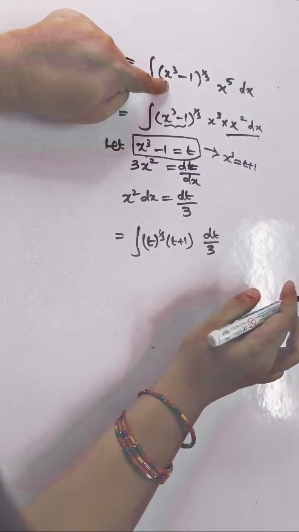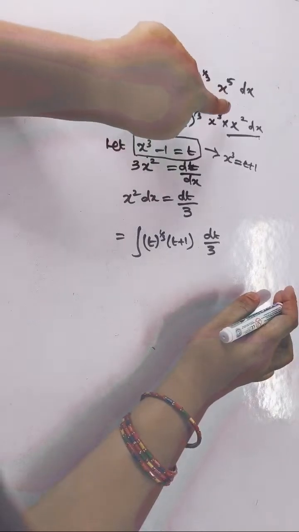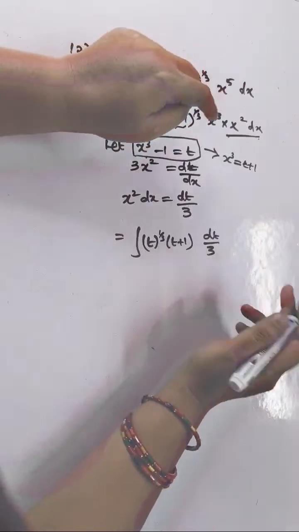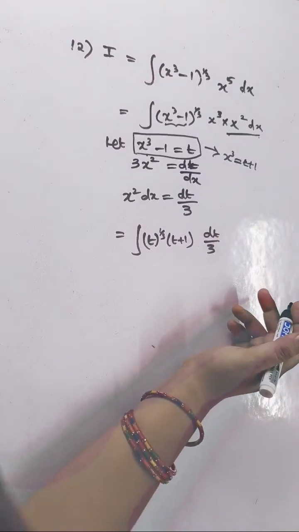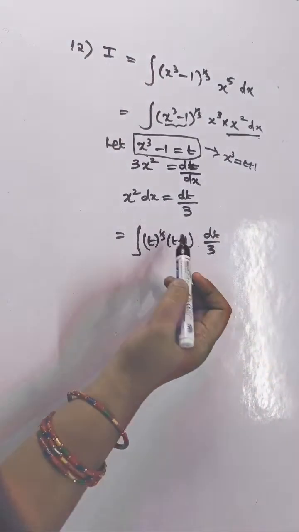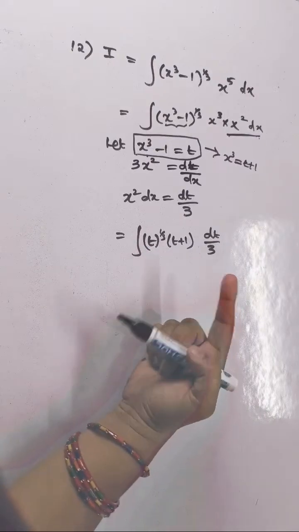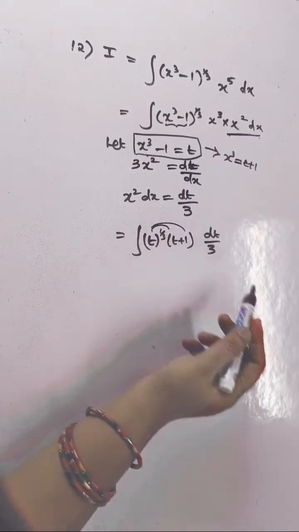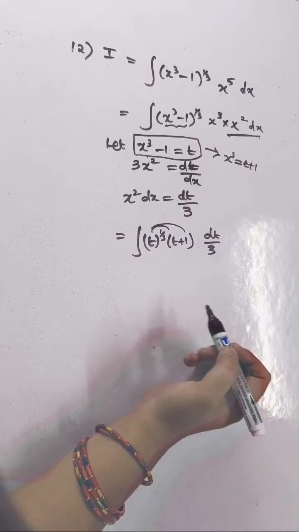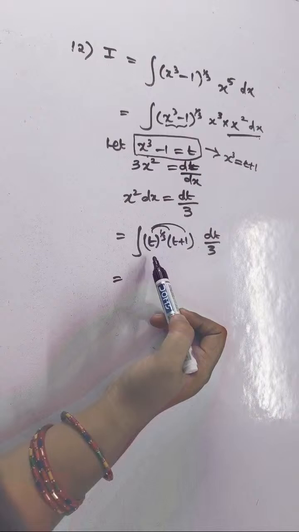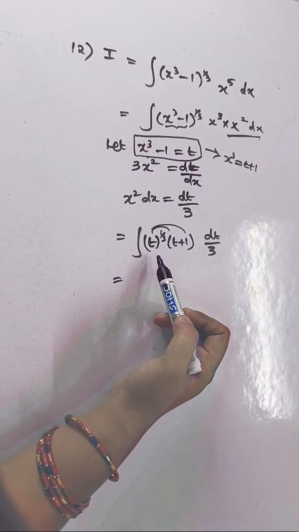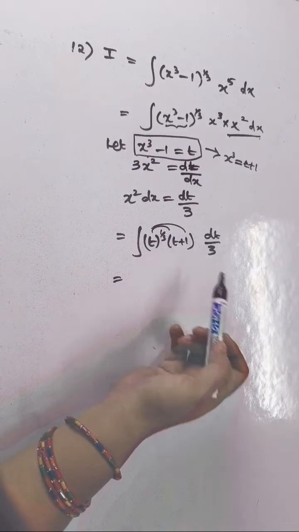Suppose we have (x square minus 1) the whole power 3, you would use the x square term here, like x square into x cube, so that you can use the substitution method easily. Here, since it is a single term, it is very easy to multiply and split the terms, but you can't do that in the other case.